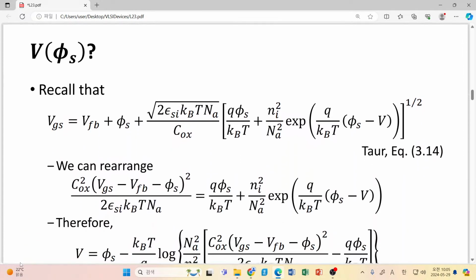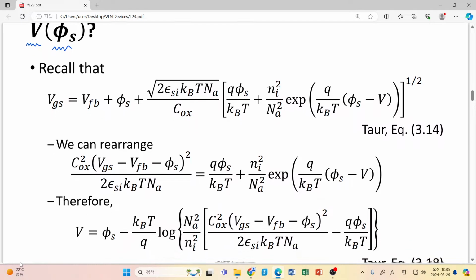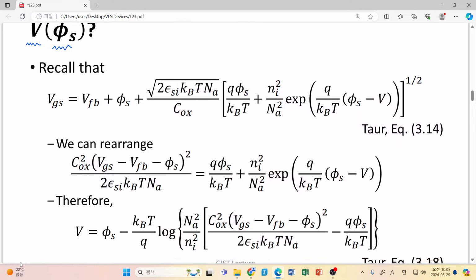So we wanted to calculate quasi-Fermi potential as a function of surface potential. And once again, now we have the MOS equation. And this MOS equation, please note that this is not rigorously exact.